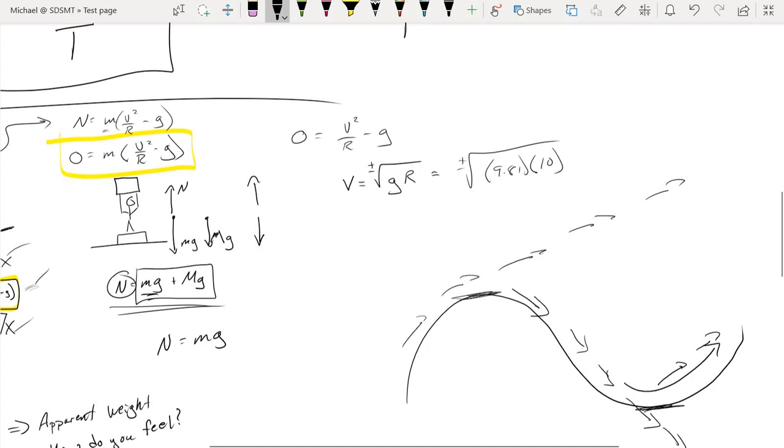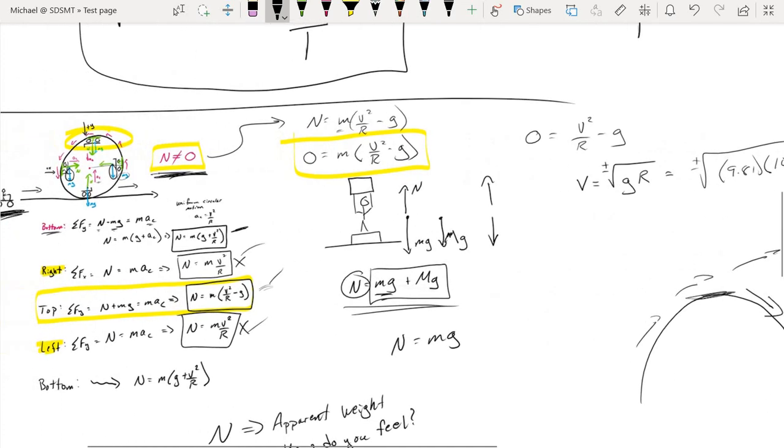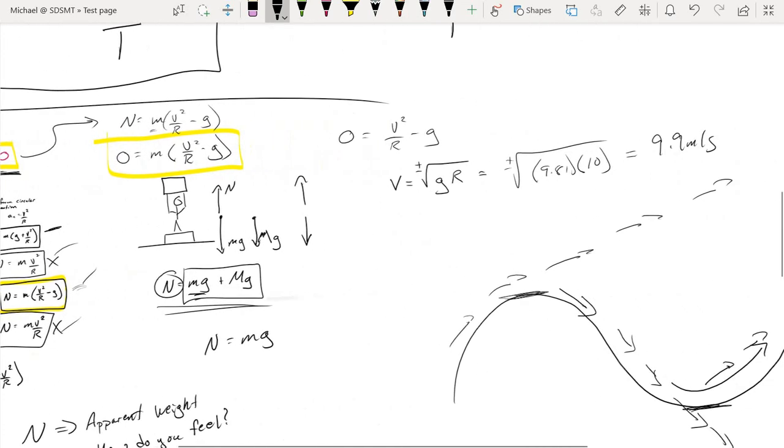Square root of 9.8 times 10 is 9.9. We have to have a minimum speed of 9.9 meters per second to safely get around that loop-de-loop.